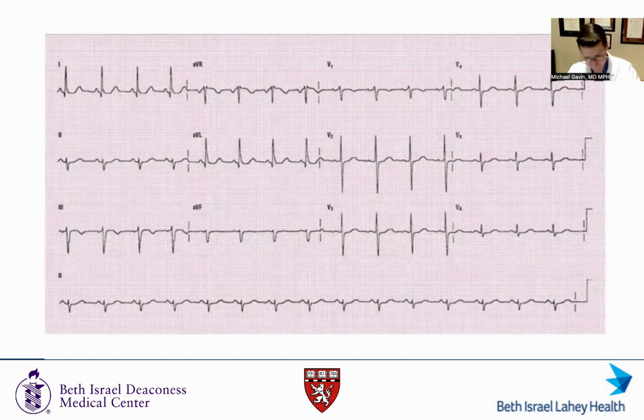So the first thing with left anterior hemiblock or left anterior fascicular block is the left axis. So you have to have a left axis, and that's largely where you're starting. The other thing you often see with a left anterior fascicular block is the late R wave progression, almost to the point of looking like an old anterior infarct. And really what's happening there is there's a counterclockwise activation of the left ventricle.